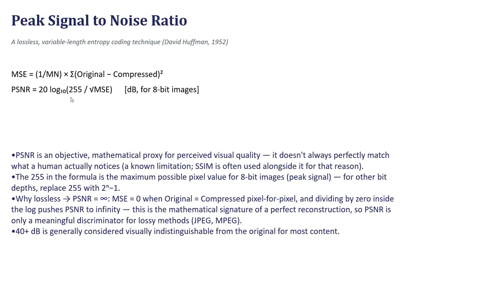Now, consider if it's a total reconstruction. Original minus compressed will be 0, MSE will become 0, and so this whole log of something divided by 0 becomes log infinity. This whole equation reduces to infinity.